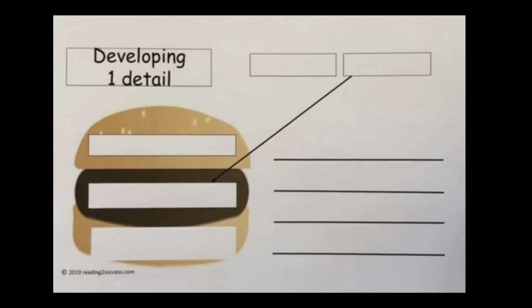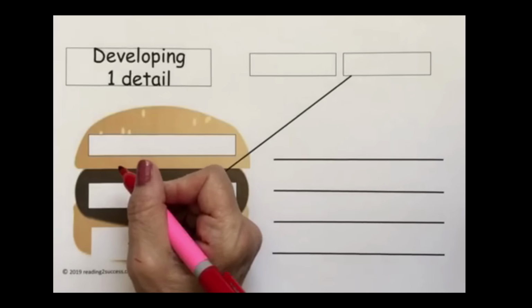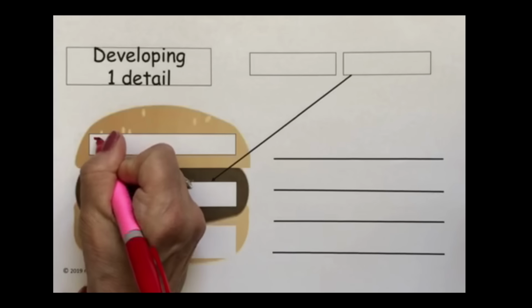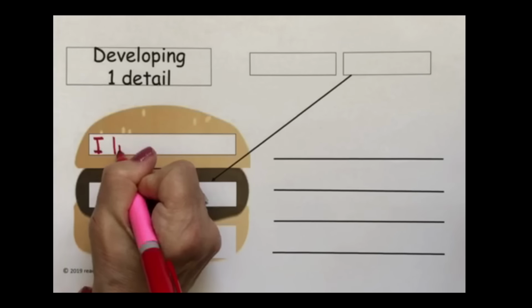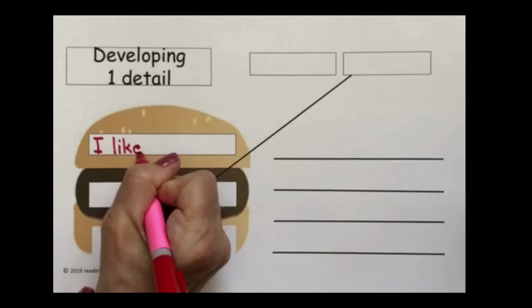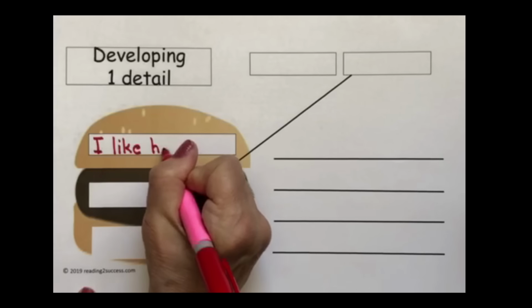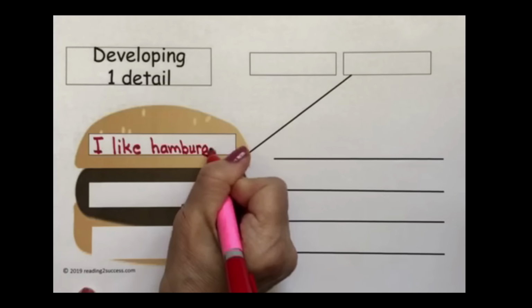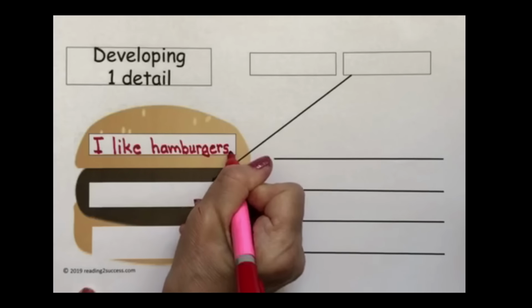Okay, we're going to begin building our paragraph activities, and this paragraph will start with one detail, and that is why we're calling it the developing paragraph. We already decided on our topic sentence, so we're going to put it here. I like hamburgers. They need to put the period.